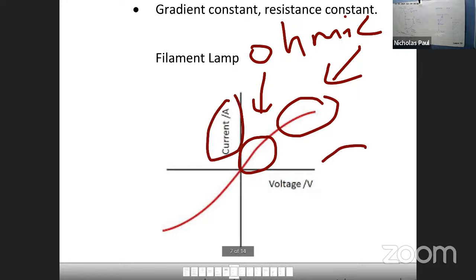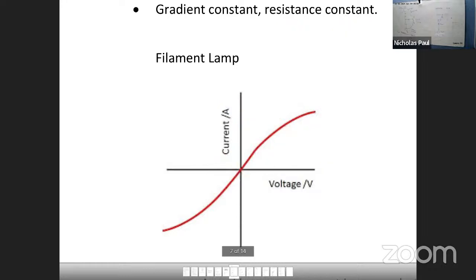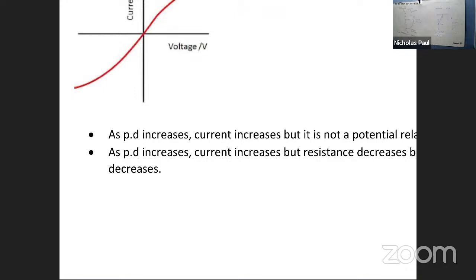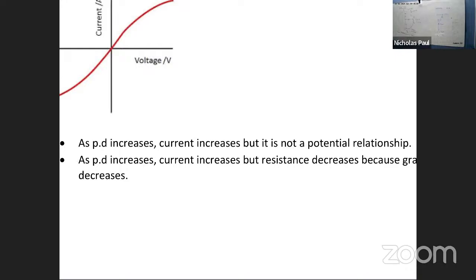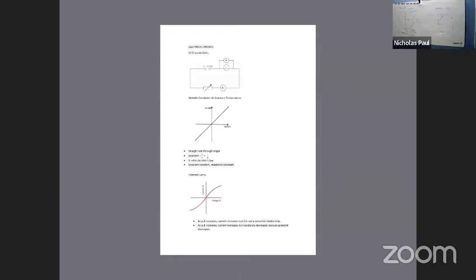Current flow becomes a little bit smaller as it becomes hotter, because the resistance increases. So that's why the graph is not linear. As the PD increases, current increases, but it's not a proportional relationship. As the PD increases, current increases, but the gradient decreases.